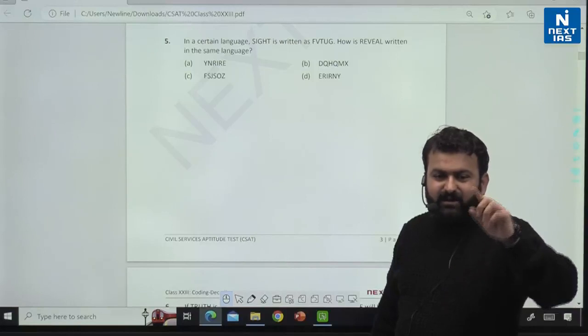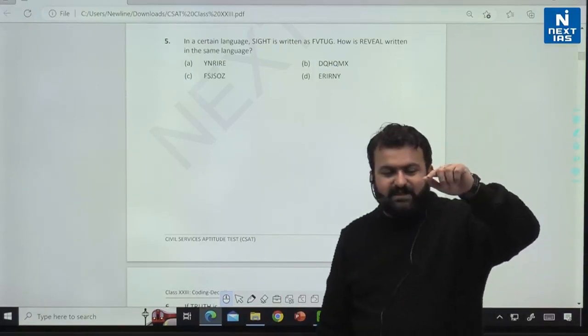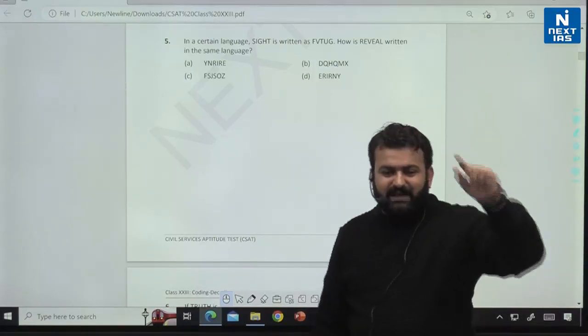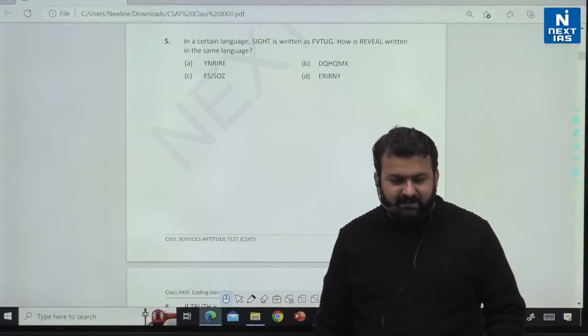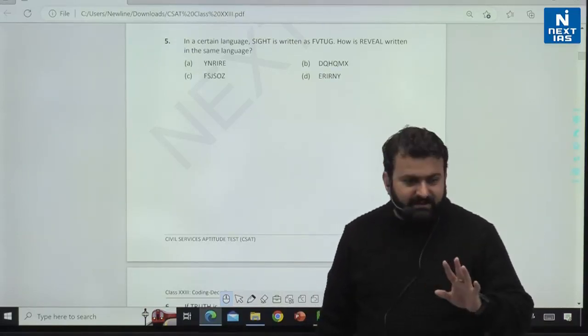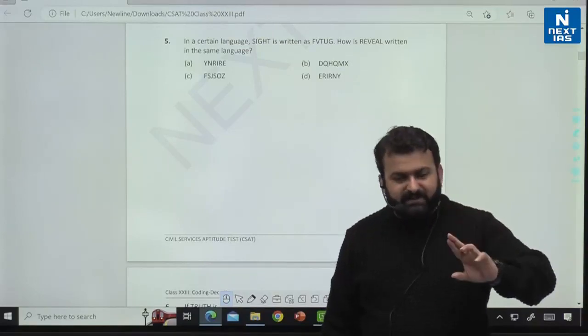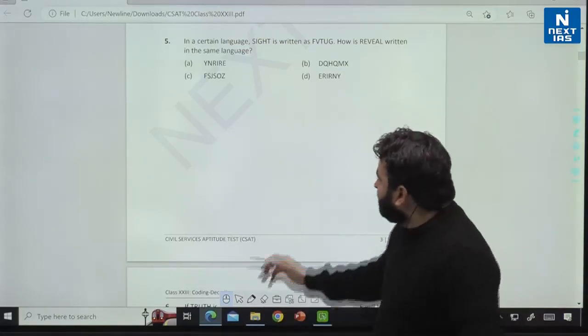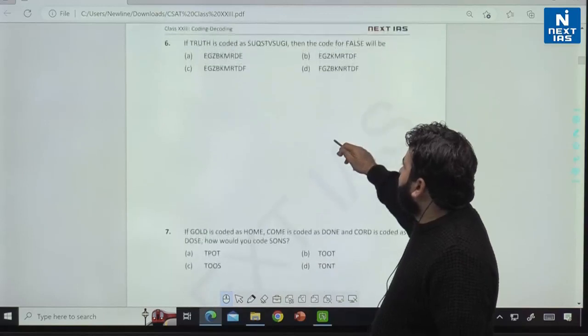Why? Because it's not necessary that the pattern is with respect to the first letter only. The pattern can be with respect to the last letter. Diagonally also the pattern can be. So always check. Is it clear? So check 2-3 places such that the pattern is confirmed.